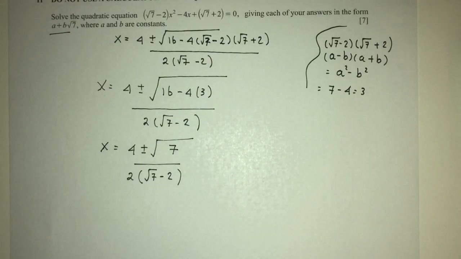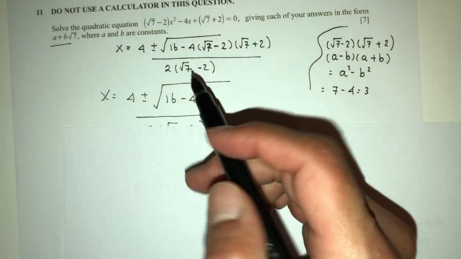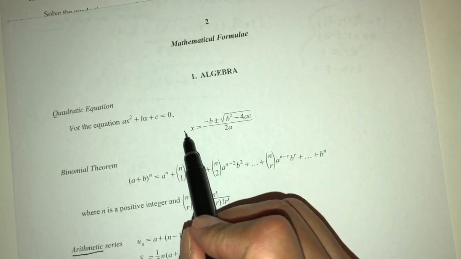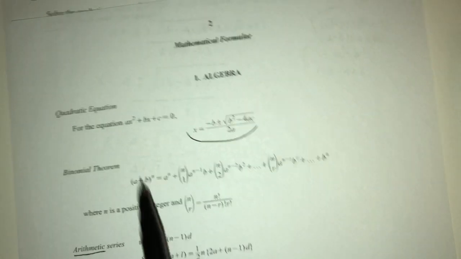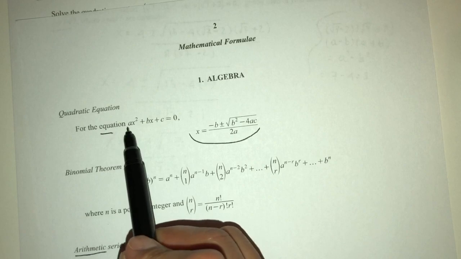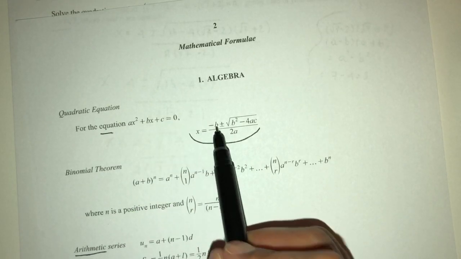So let me double check, because I don't want to be making a mistake here. The formula is actually given to you. Let me check. Here you go. To use this formula to solve this question, when you have a quadratic equation, this is a, b, and c, x is minus b.